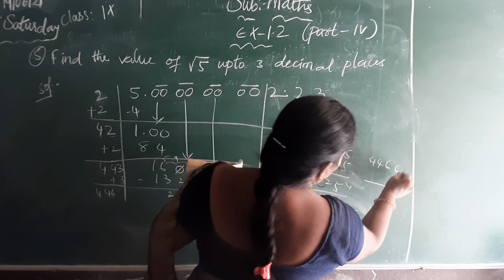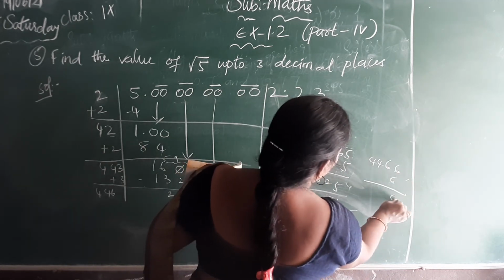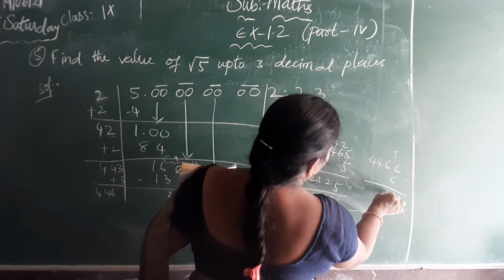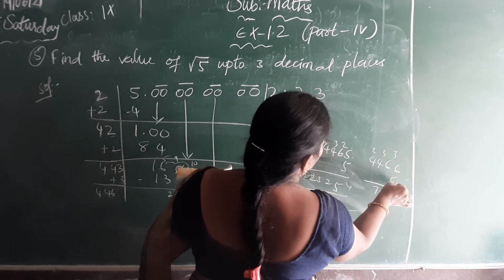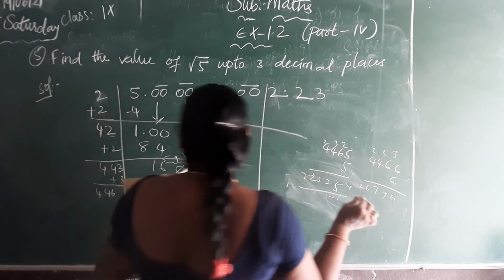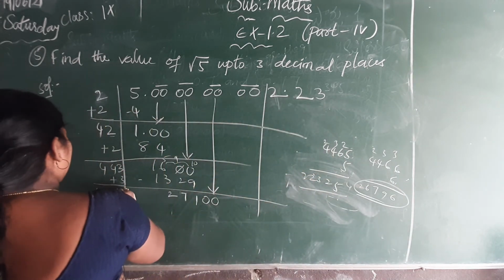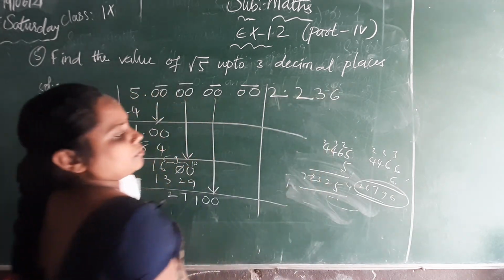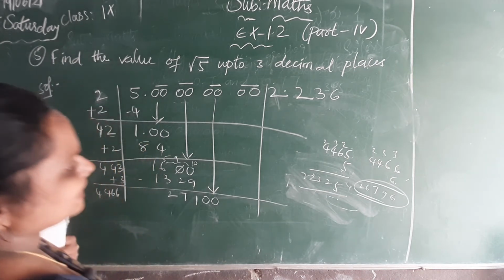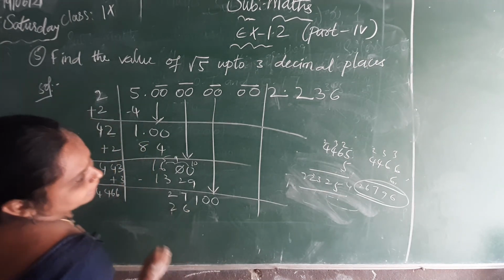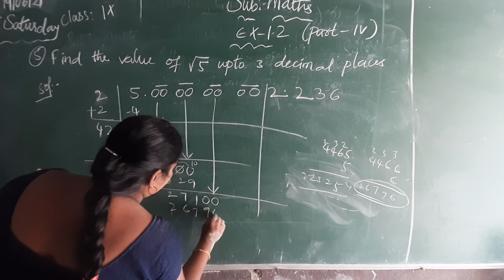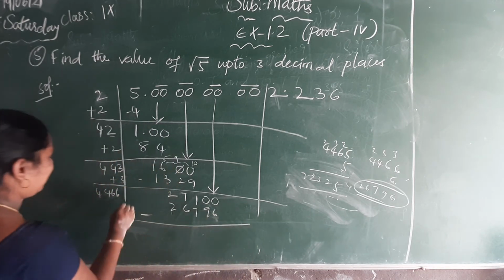Now 4, 6, you check here. 6 6s are 36, 39, 24, 27, 24, 26. 26,000 is the nearest value. So if I place 6 here, 6 here also. So how much? 26,796.